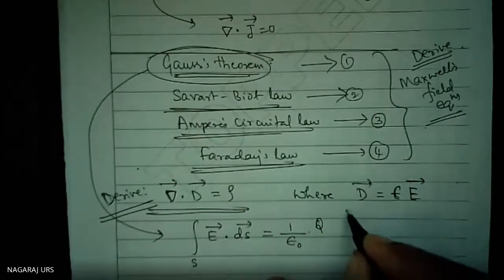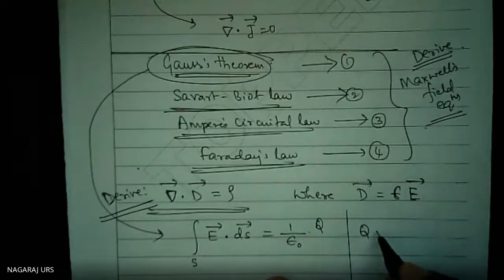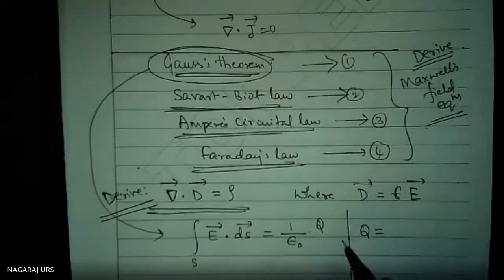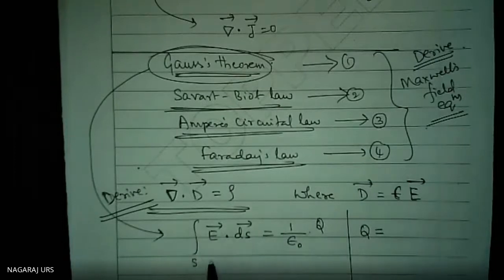What is that Q? Total number of charges enclosed in a surface. That is the Gauss theorem: total electric flux through the surface ds is equal to 1 by epsilon naught times the total charges enclosed.